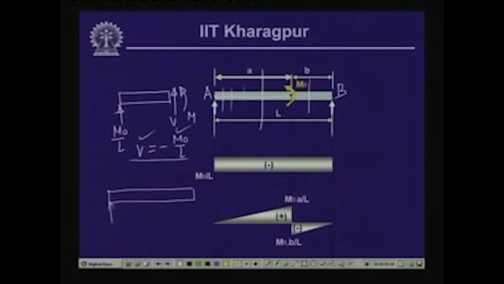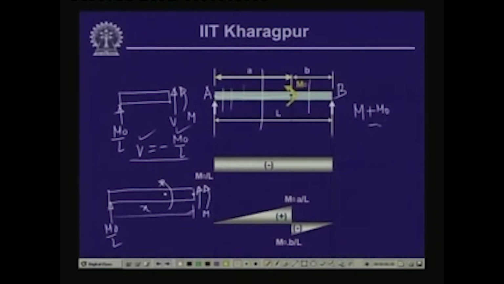that we have the reactive force, which is m0 by L. We have the concentrated moment in an anticlockwise direction. We have the shear and the bending moment. Now, if we take the moment of all the forces with respect to this particular section, then we have bending moment m, which is anticlockwise, then we have m0 again, which is anticlockwise, and we have m0 by L, and this distance is x.